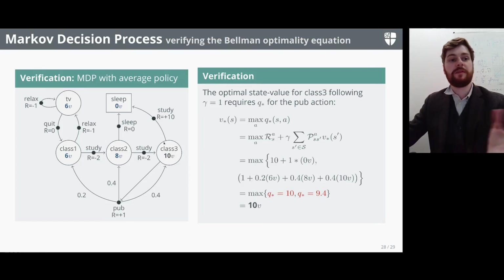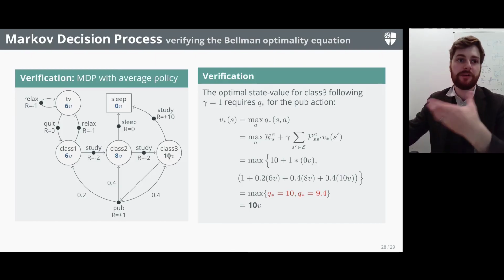If you assemble that all together, you've got the maximum of this Q star being 10, and this Q star being 9.4, which gives us the final 10. That's how you would actually compute it, with this one-step look-ahead idea, which is very similar to the example we saw previously.